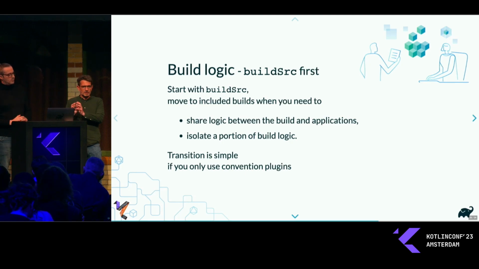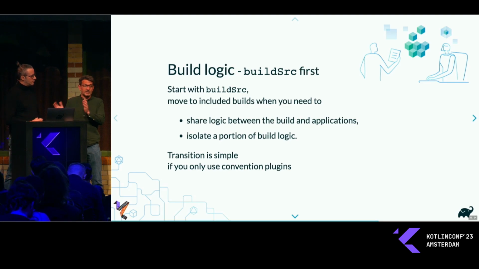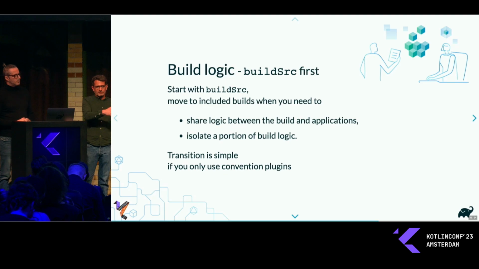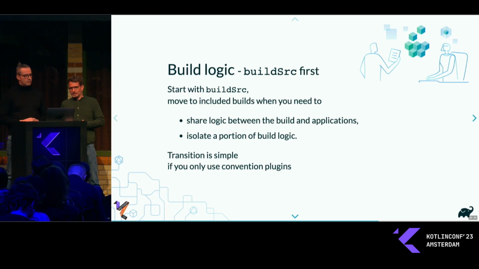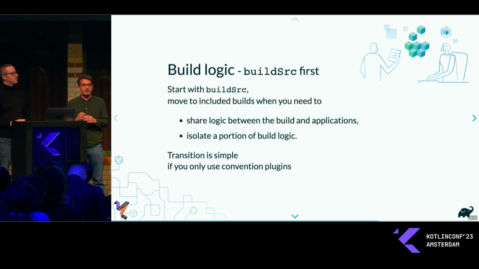Another use case is to isolate a portion of build logic. And isolating can mean isolating the dependencies, isolating its own build, or isolating the invalidation it causes when it changes and the rebuild. So if you start with BuildSrc, the transition is very simple. You only have to use convention plugins.